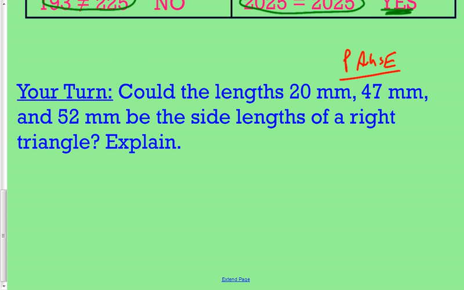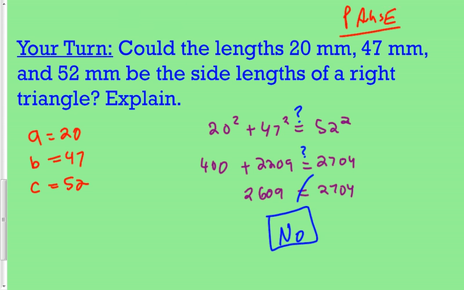All right, looking at this one, we have to plug in 20 and 47 for the two legs, A and B, and then that means 52 is the C because that is the longest side. If I plug in for A squared plus B squared equals C squared, you see here, 20 squared plus 47 squared equals 52 squared. We're trying to figure out if that's true or not.